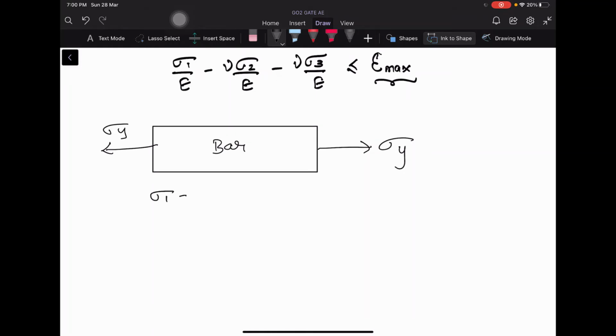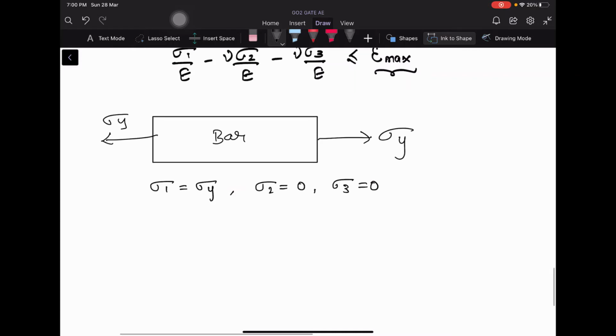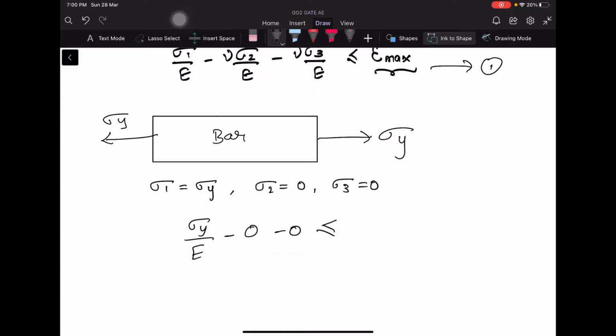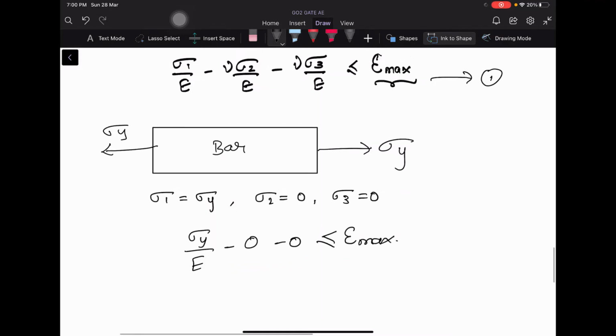So sigma 1 becomes sigma y, sigma 2 is 0, sigma 3 is 0. So substitute this back in this equation. We get sigma y divided by E minus 0 less than epsilon max. So we got this value.